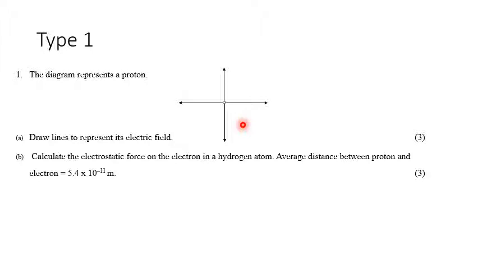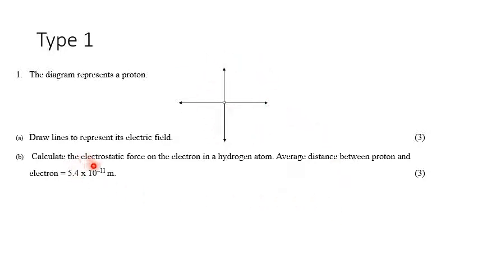The other points to note when you draw such a field pattern: don't forget to add the direction of the field lines. These field lines should touch the surface of the charged particle, and be perpendicular to the surface of the charged particle. Above all, try to maintain the symmetry of the drawing.